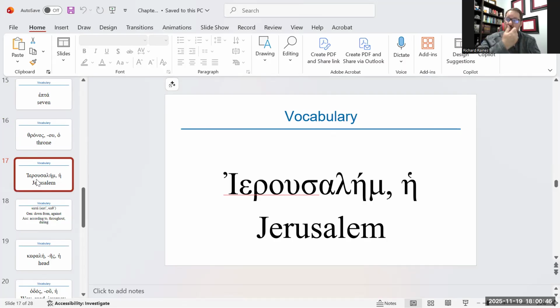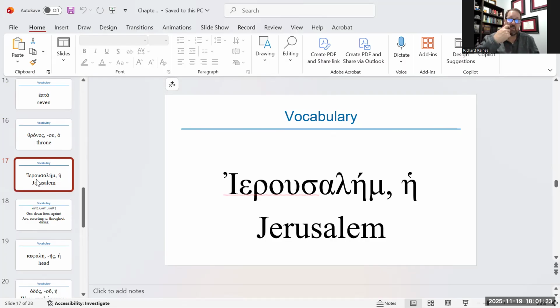Jerusalem. I think we covered this when we talked about Jesus, which we translate as Joshua or Jesus. It's really interesting that no one in Jesus's life, or that knew him, called him Jesus. They called him either Yeshua, which is the Hebrew, or Iesous, which is the Greek, and it can be translated either Joshua or Jesus.